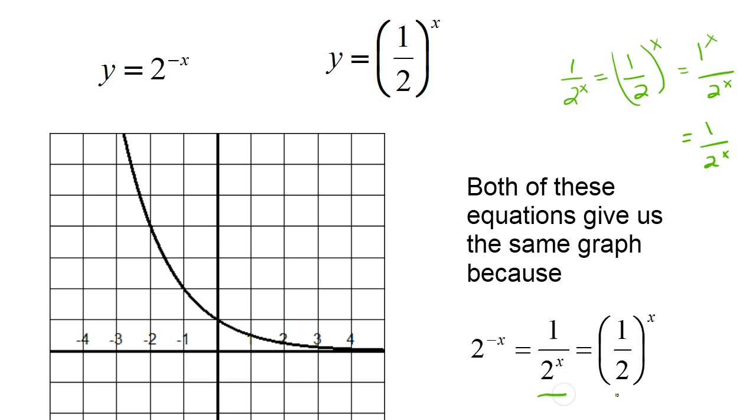So these are equivalent, all three of these expressions. So if I graph y equals this, I should get the same thing as if I graph y equals this. So anytime you have a negative x, it's going to fall from left to right, just like we noticed when we had a fractional base.